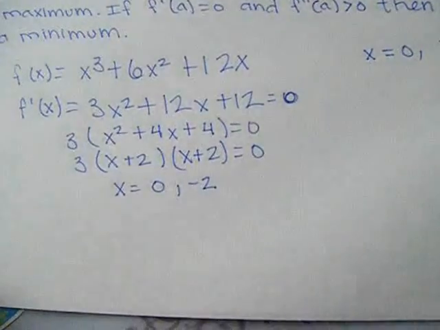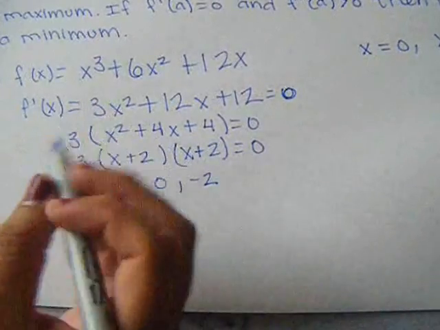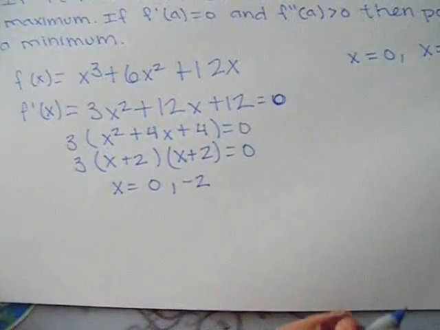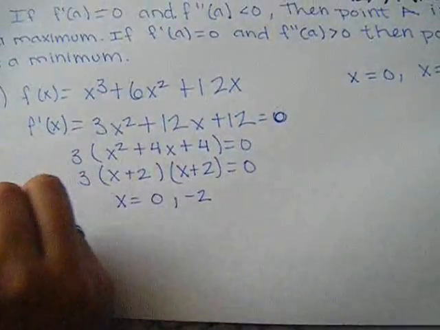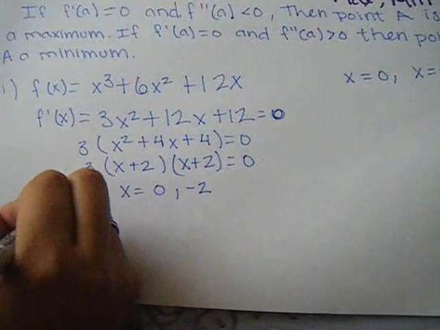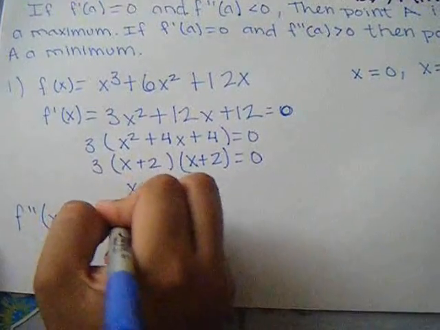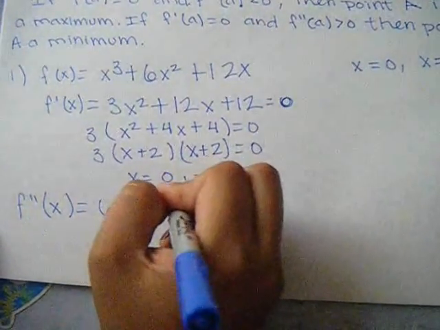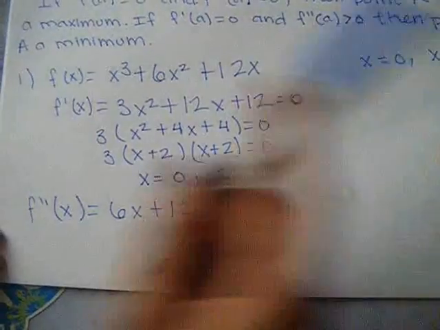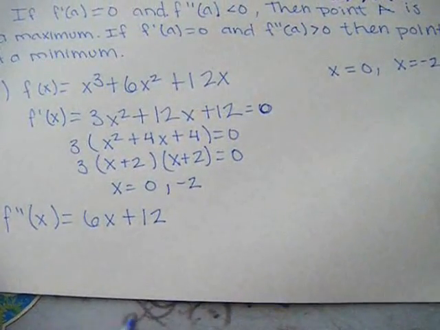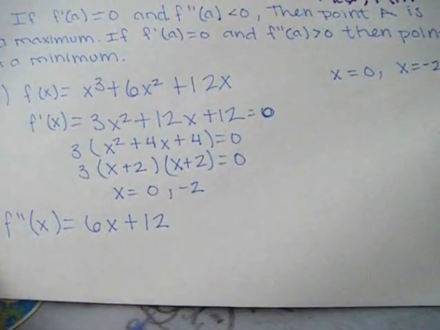Now what we're going to want to do is find our second derivative of f of x equals x cubed plus 6x squared plus 12x. And then we're going to want to go ahead and plug in each of our x values to it and see if it's greater or smaller than 0.